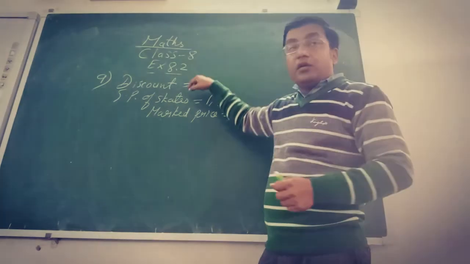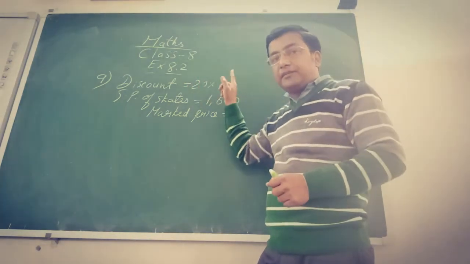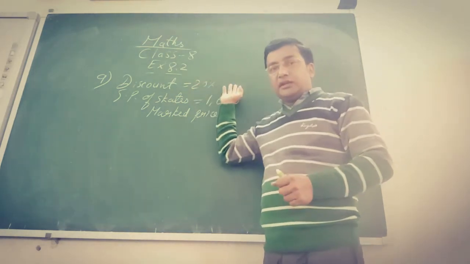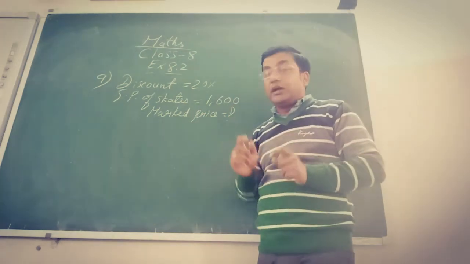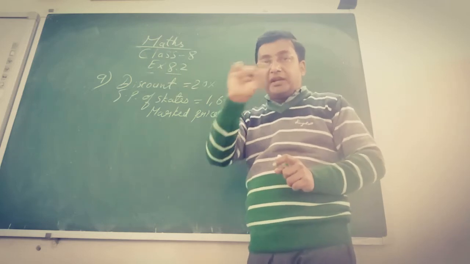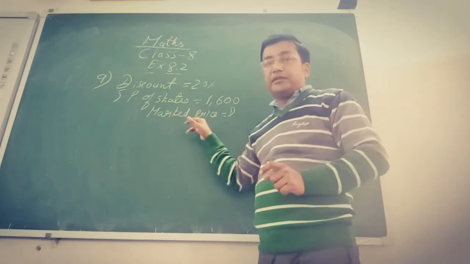But what is the 20%? Because we know the percentage is always of something. 20% of what? Is it the color of the pant, size of the pant? No. It is the price which is tagged there, the price which is printed there. That is called mark price.